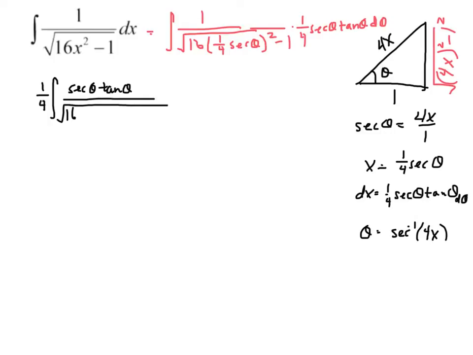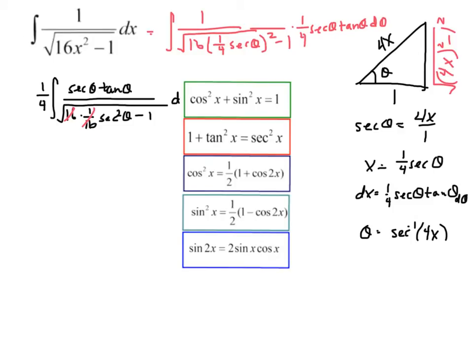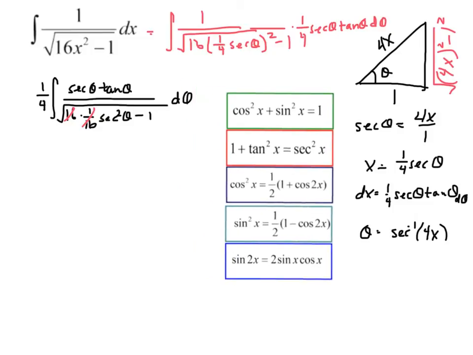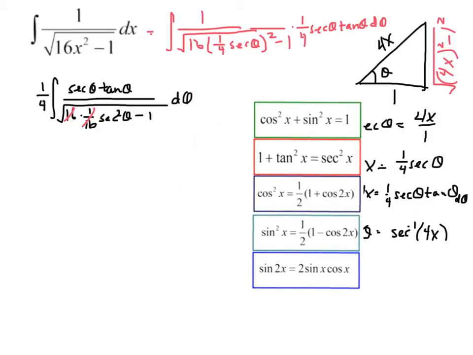Well, I'm going to square that 1/4 secant squared, so it becomes 1/16 secant squared theta. Well, 16 times 1/16. Let's go on. Bringing in my little table of trig things to know. Secant squared theta minus 1 is tangent squared.